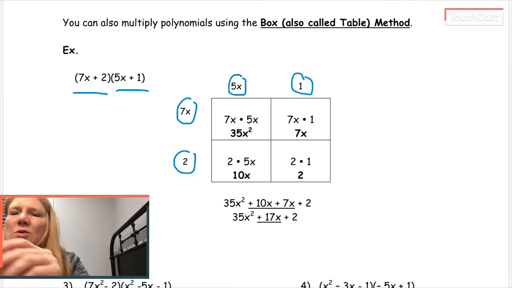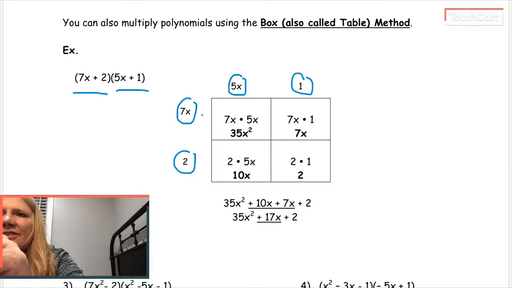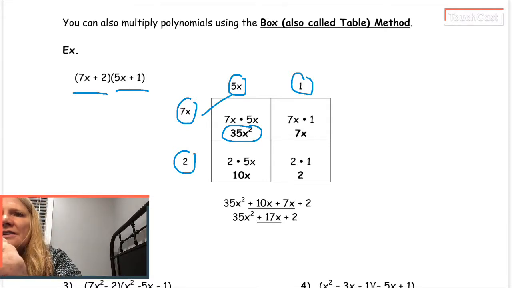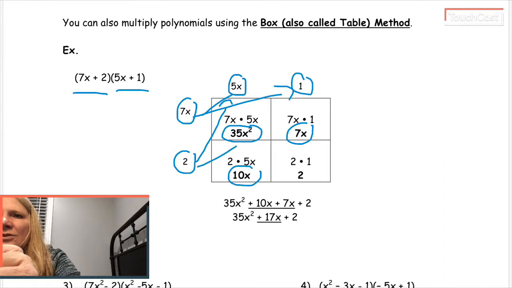And so we're going to multiply the first box, the 7x times the 5x, and that's what goes right here, and that's where they get the 35x squared. Then they're also going to multiply the 7x times the 1, and that's where we get this 7x. Then we go to the 2, and we multiply the 2 times the 5x, and that's a 10x, and then the 2 times the 1, and that's this 2.